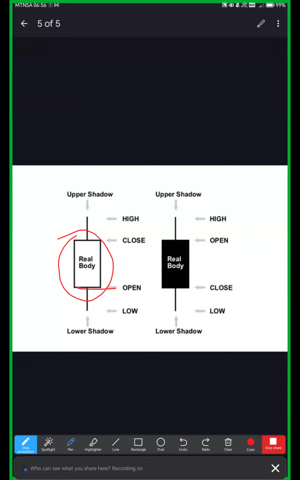That's why you are able to see on this candle, the open is at the bottom while the closing is at the top. Buyers open the market from the bottom. The price starts from low, it goes up, so it closes on top.